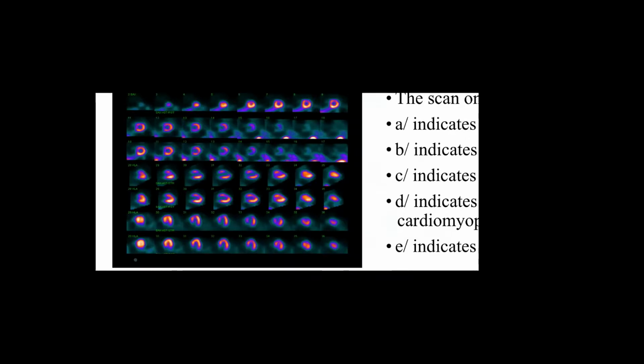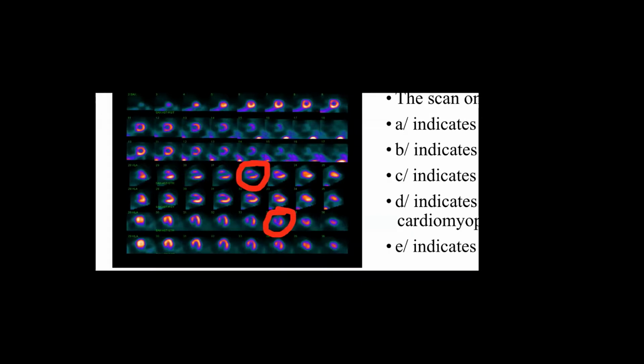What do you think? In the anterior there is a big defect during rest and stress. Very good. Yes. So you have in the anterior wall, you see here, this one here, the anterior wall, and also in the apex.